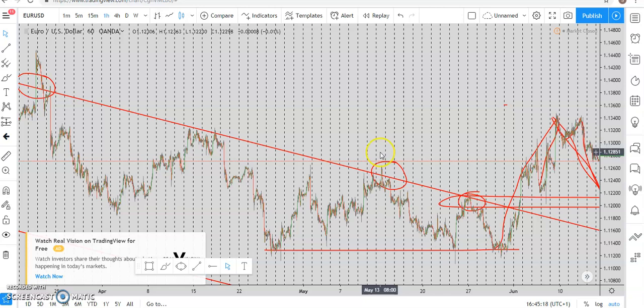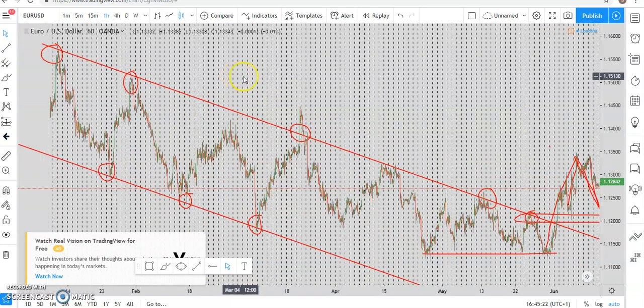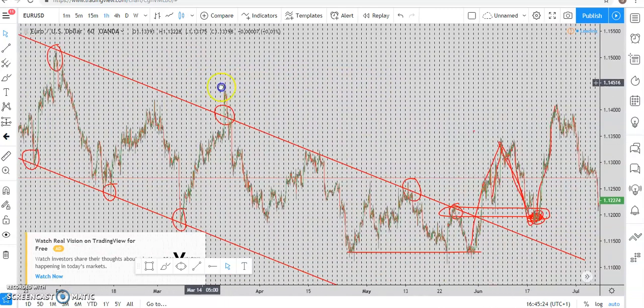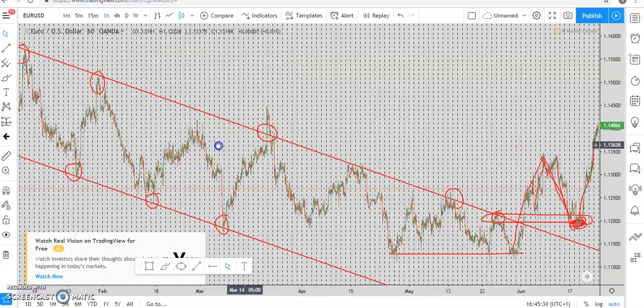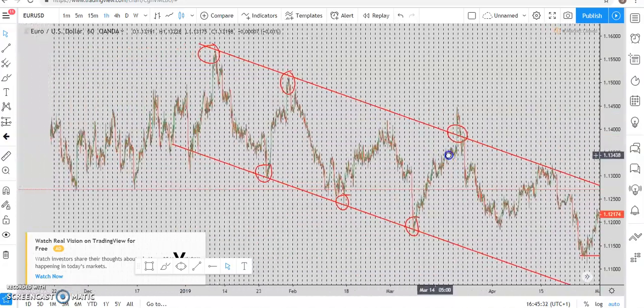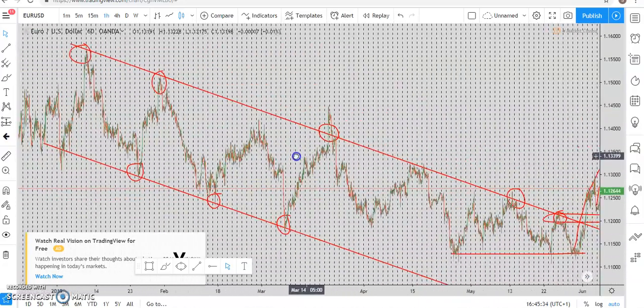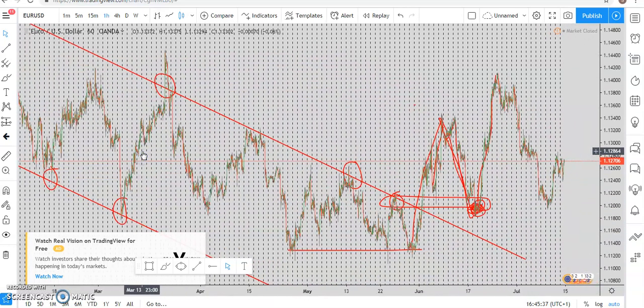You can trade a double top or a double bottom when price is about reversing or going in a different direction. That is where the double bottoms and double tops are valid, that's where they can work properly.